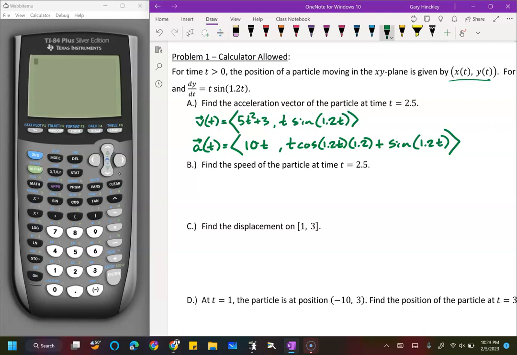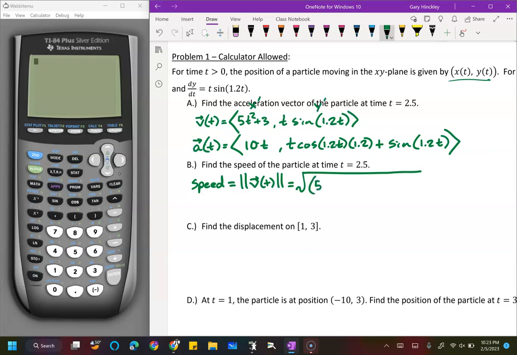All right, so it says that we want to find the speed of the particle at time t equals 2.5. So remember, speed is the magnitude of our velocity, which would be the square root of x prime of t squared plus y prime of t squared, where this is x prime here, and this is y prime here.